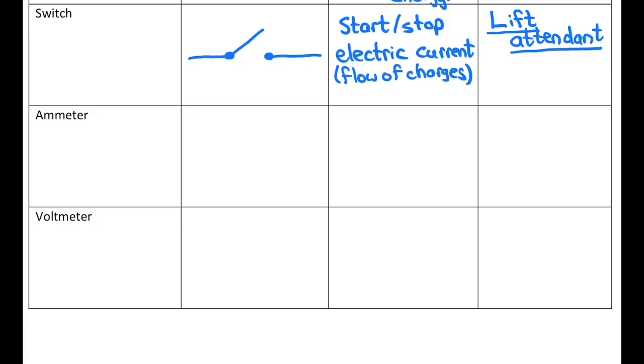Now, what an ammeter does is it measures electric current. And another way to think of this is it's basically counting electric charges.